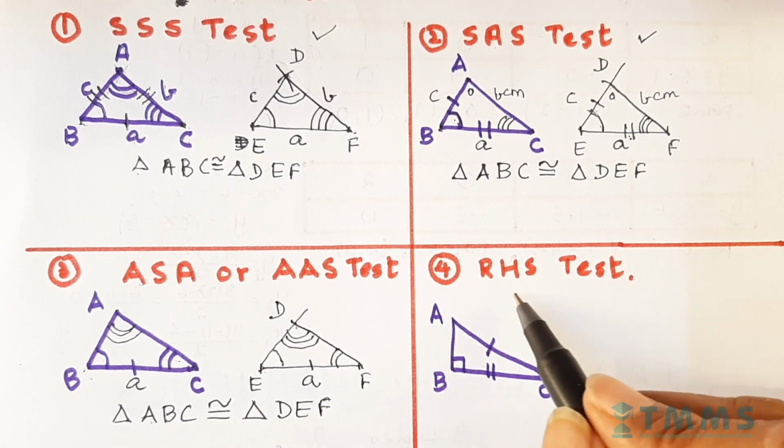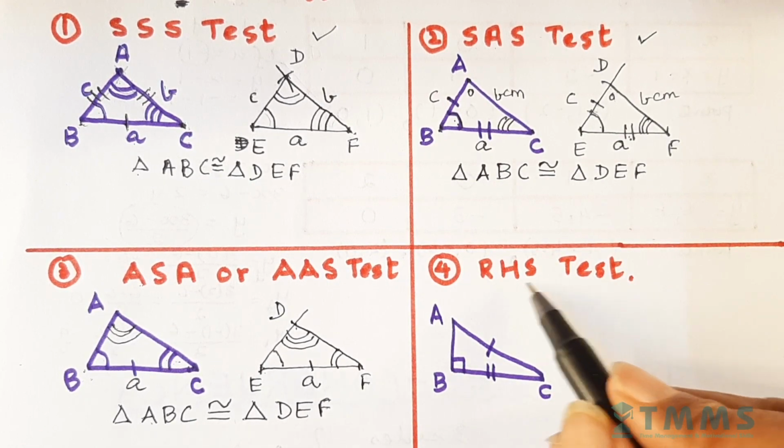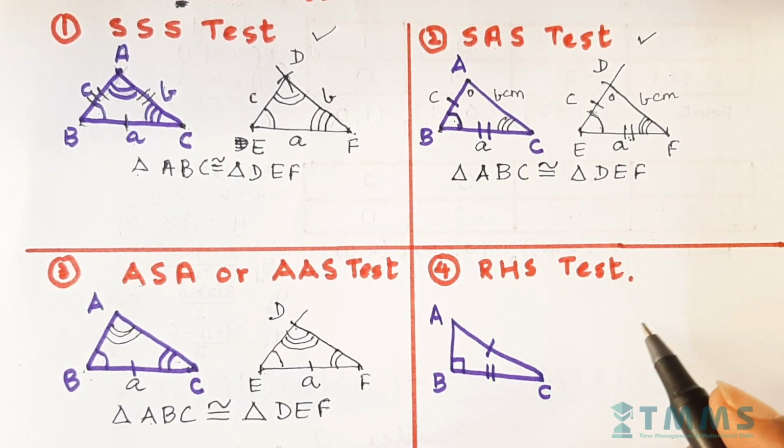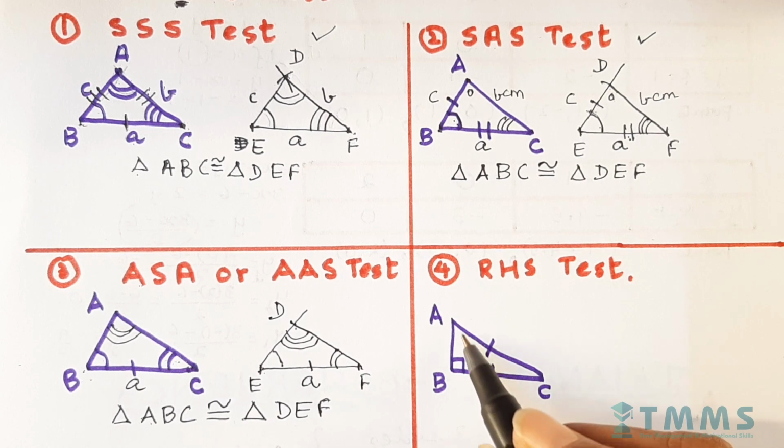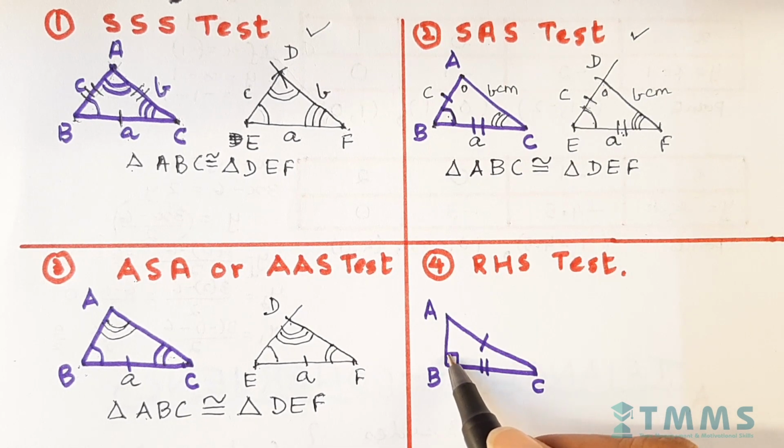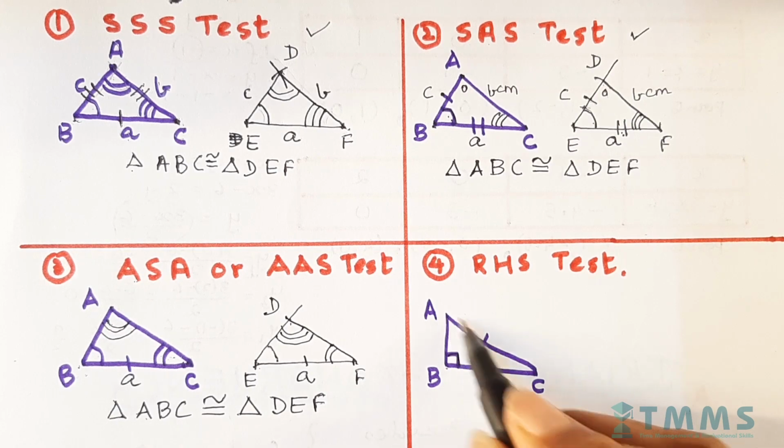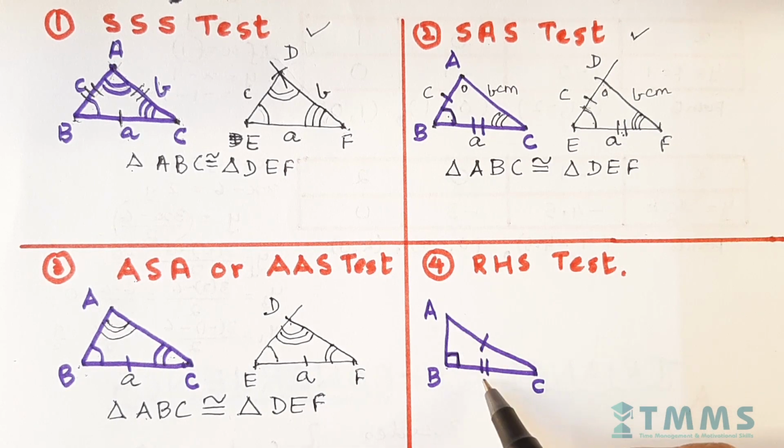Now let us come to the last test, which is the RHS test for congruency. Now in this, can you see that we have the triangle in which angle B is 90 degrees and our BC and AC are given. So let us say BC is small a units and AC is small b units.